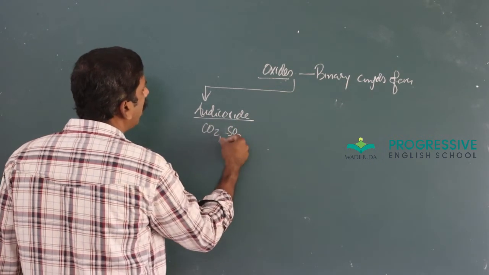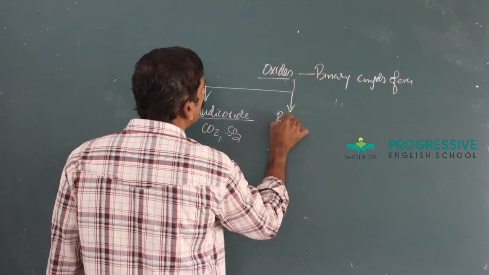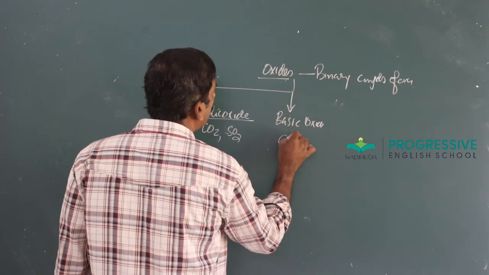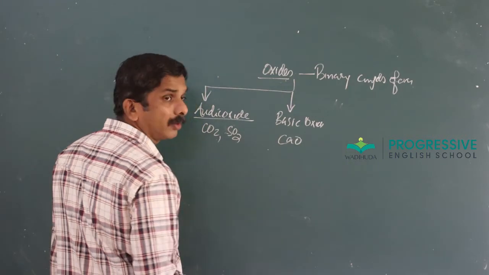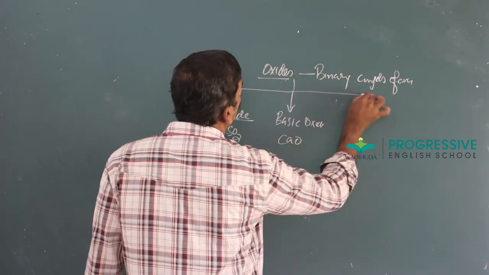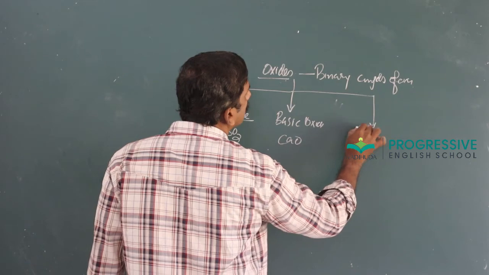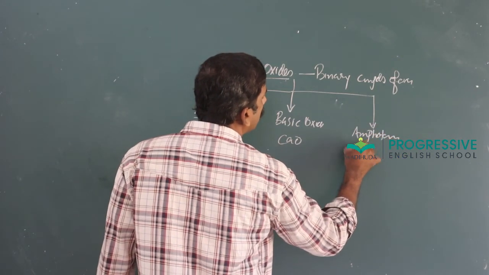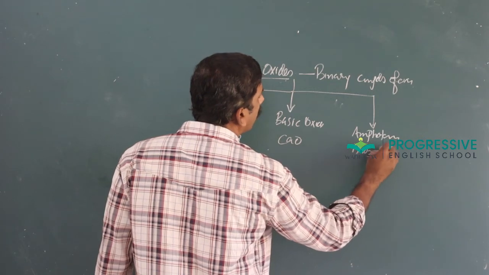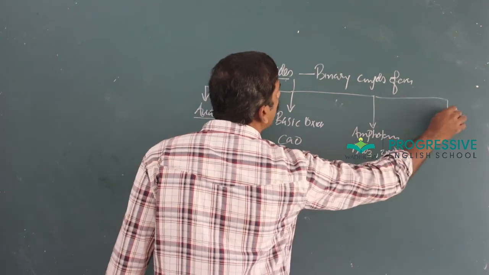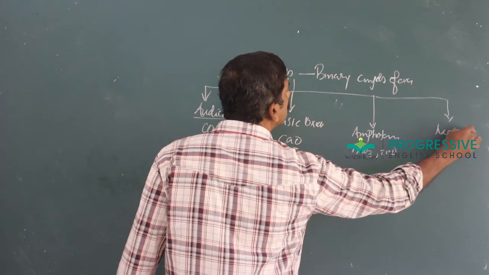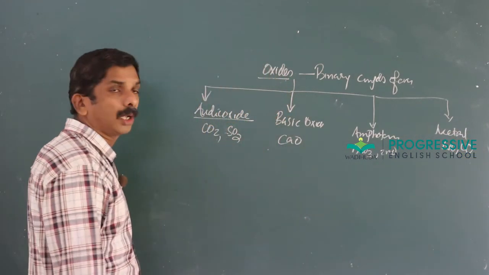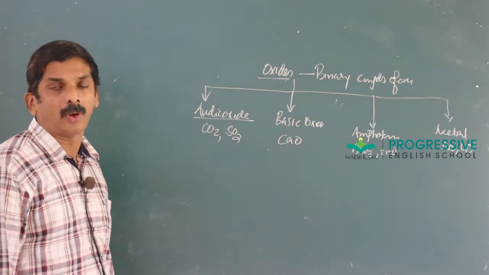Second, basic oxides, which react with water to form base. Third, amphoteric oxides, which can react with acid as well as base. And the fourth one is neutral oxide. These are the four types of oxides.